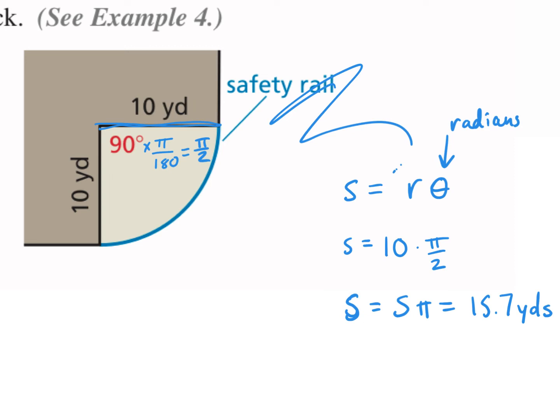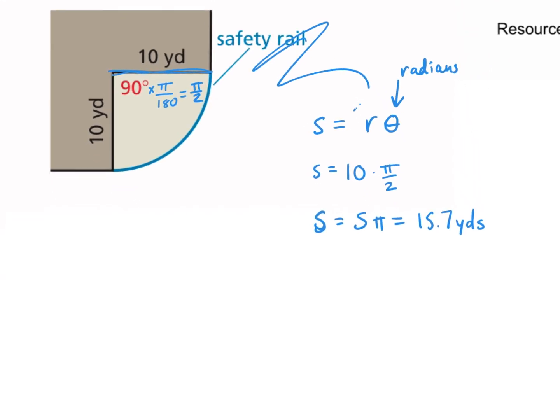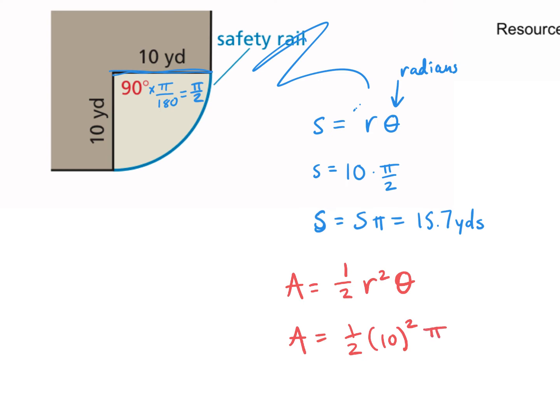Next, we need to find the area. What's our area formula? For the test, can we leave it as 5 pi? What's our area formula? 1/2 radius squared times theta. So we have the same radius and the same theta that we used in the first one. So 1/2 10 squared times theta, which we said was pi over 2.